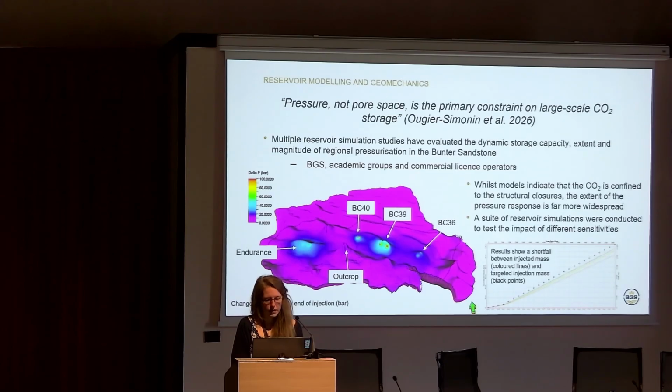At BGS, we've completed multiple simulation studies to evaluate the dynamic storage capacity and the extent and magnitude of regional pressurization in the Bunter Sandstone within the Silver Pit, so that's that northern compartment. These indicate that while CO2 is confined within the structures, the pressure response is far more wide-reaching.